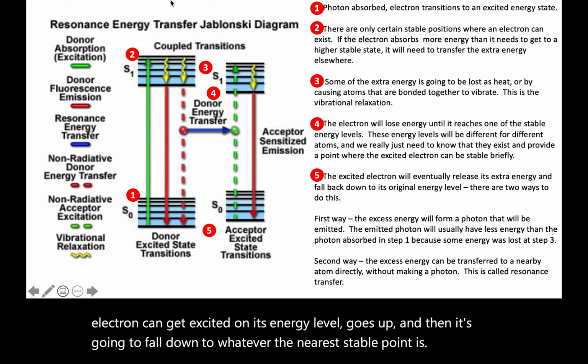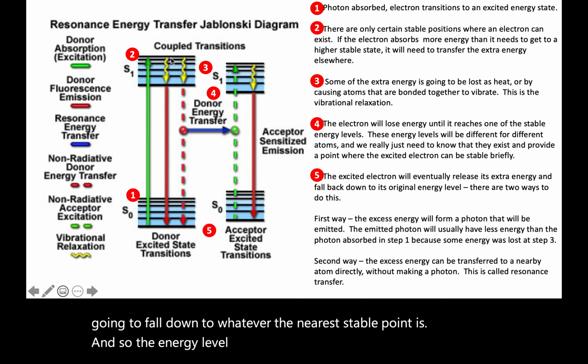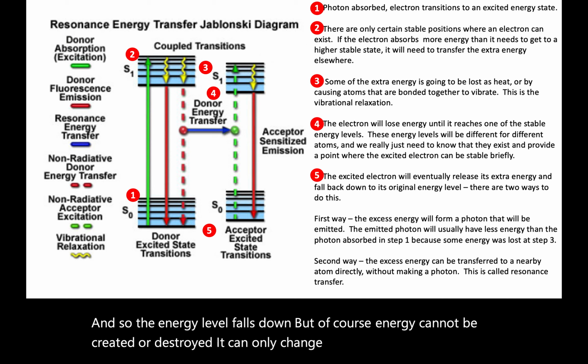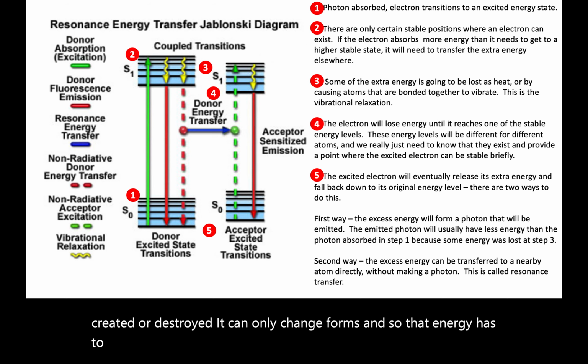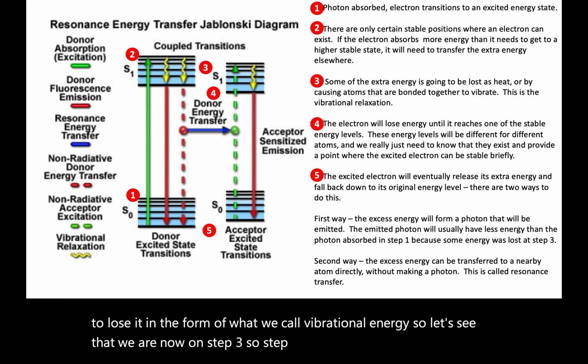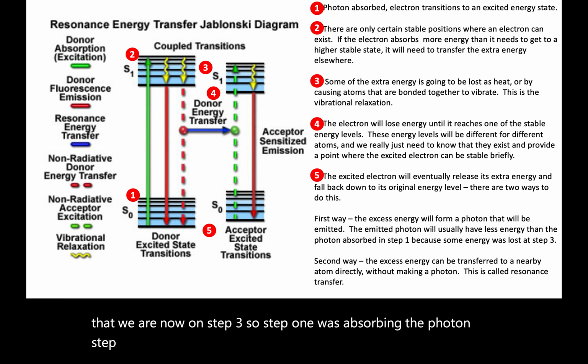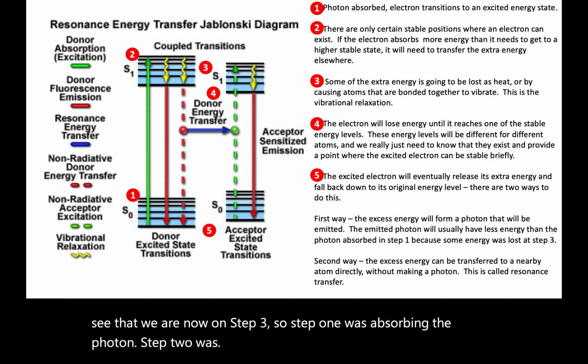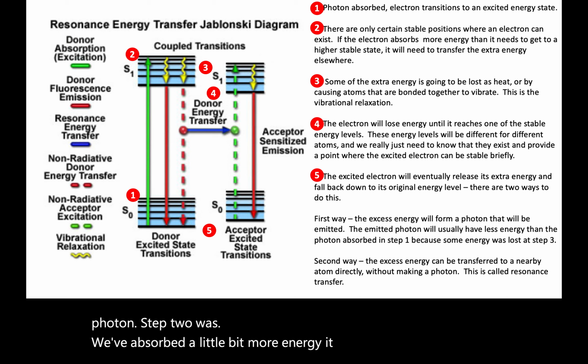The energy level falls down, but of course energy can't be created or destroyed, it can only change forms, so that energy has to be got rid of in some way. We're going to lose it in the form of what we call vibrational energy. We are now on step 3. Step 1 was absorbing the photon. Step 2 was we've absorbed a little bit more energy, which got us past a stable spot, so we have to lose some energy.